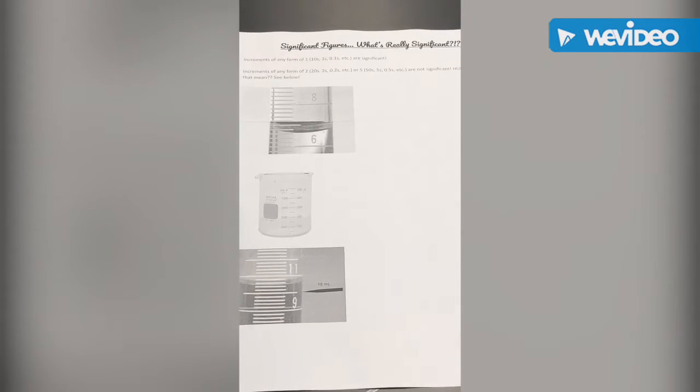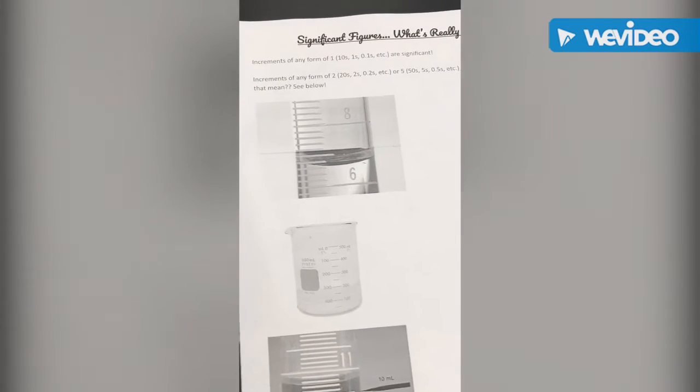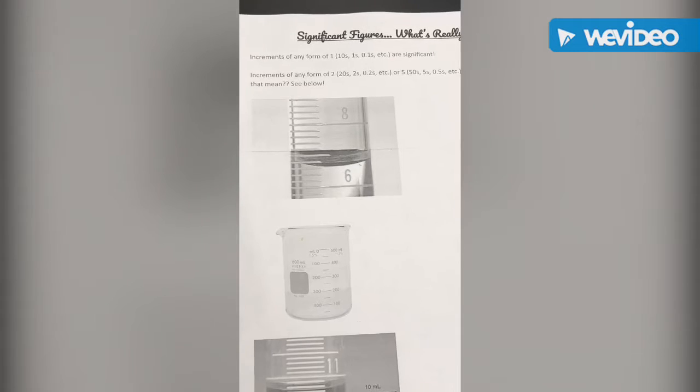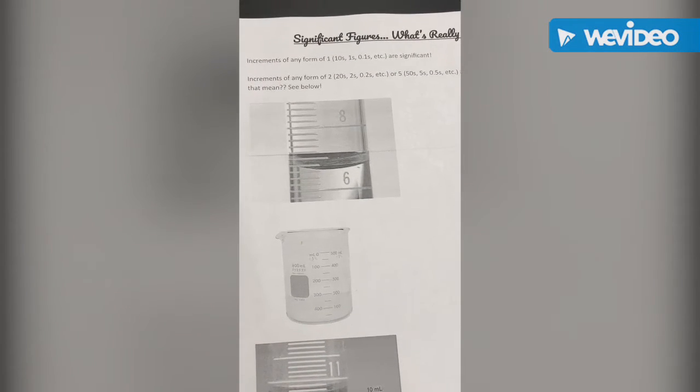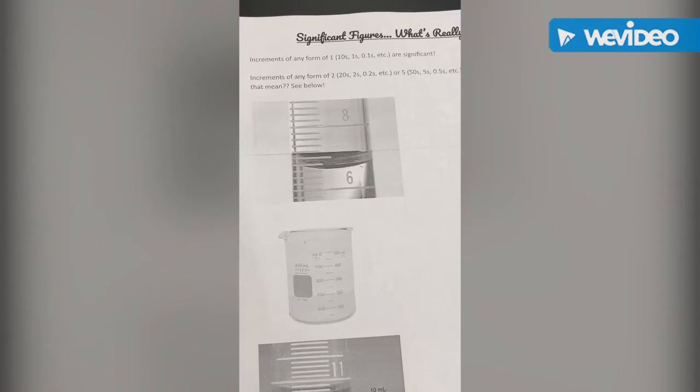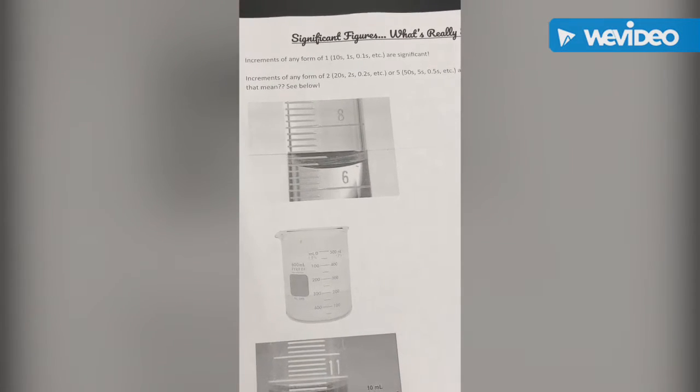So what the heck? What about these significant figures? What's really significant? Well, there are some markers on a beaker or a graduated cylinder that are significant, and there are some that are not when we're measuring.